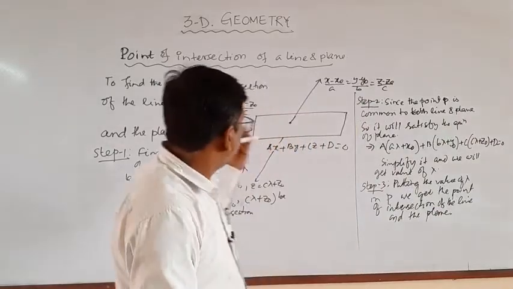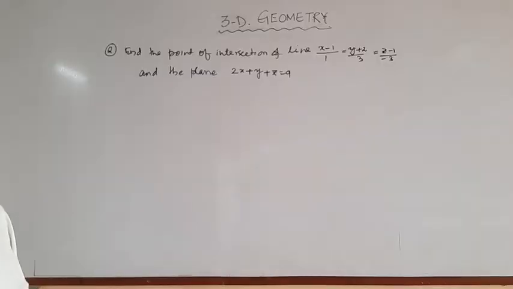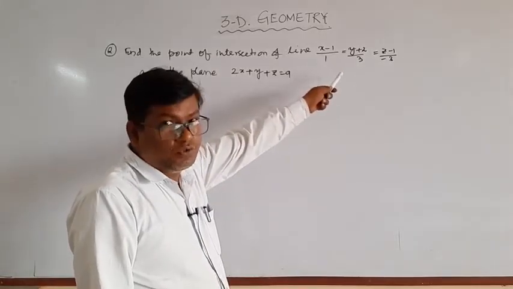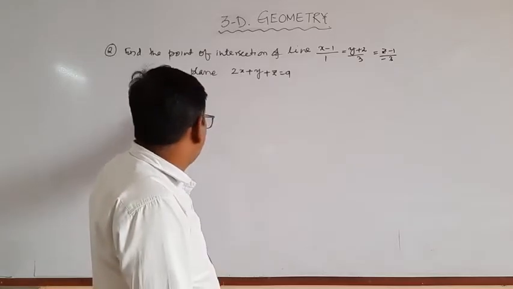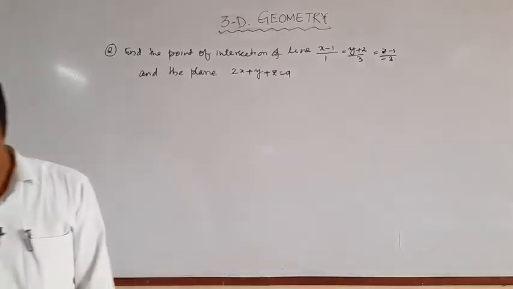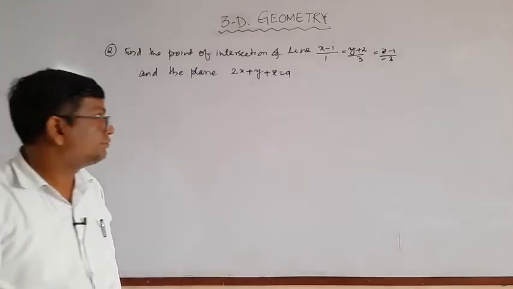Now let's do one problem. Find the point of intersection of line x minus 1 by 1 is equal to y plus 2 by 3 is equal to z minus 1 by minus 3, and the plane 2x plus y plus z is equal to 9. This is the question to find the point of intersection of the line and plane.